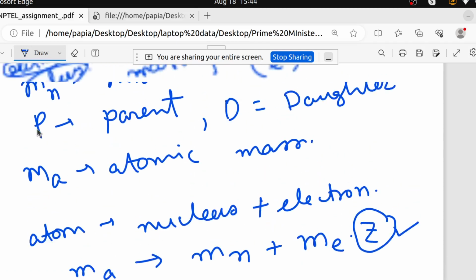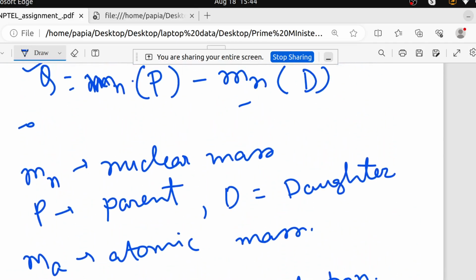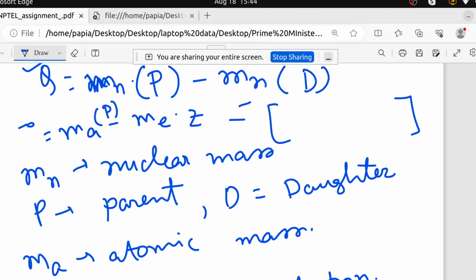So if I write the Q expression in terms of Ma, then what will be the value? Mn is Ma minus Z Me. So Mn is Ma minus Me into Z for the parent, and similarly Mn for D is Ma for D minus Me of Z prime.